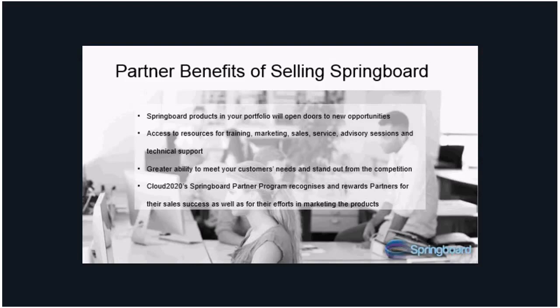What we're finding with many of the partners that we're already working with is that now that they have the ability to offer Springboard, a CRM solution, to their customers, they're not losing as many customers as they were previously, because they may have been going to partners who could offer everything. And so by having that strategic partnership with Cloud 2020, they're not only offering more to their current base, but retaining more customers than they would otherwise.